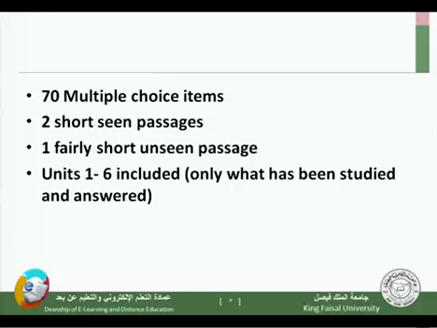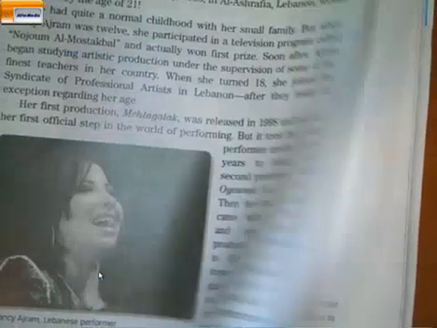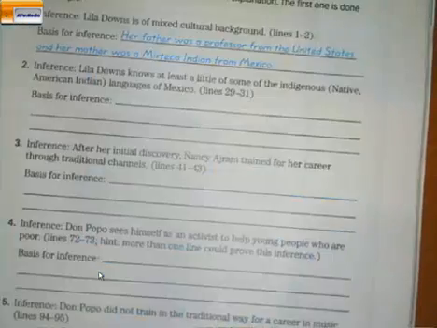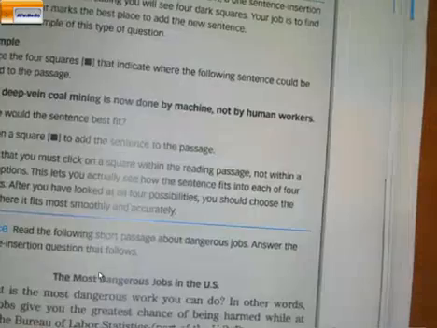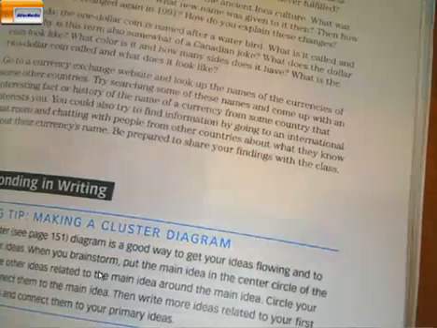If you see the unseen passage, let me just give you an example from the book. For example, let's see a passage. Let's see.